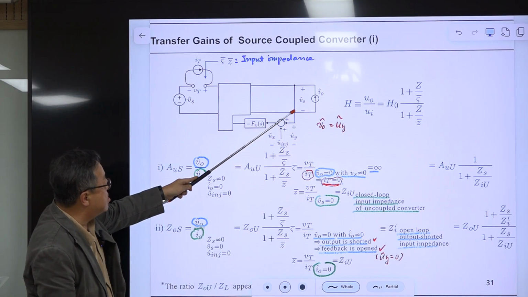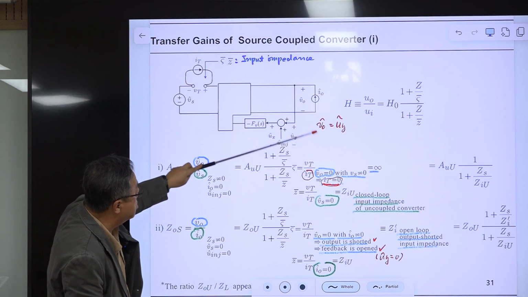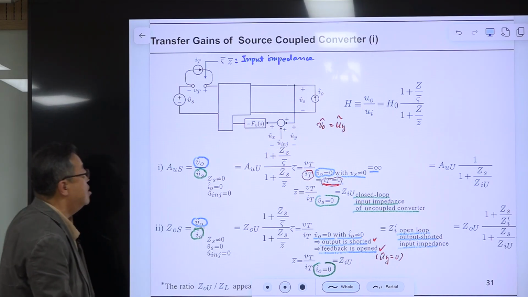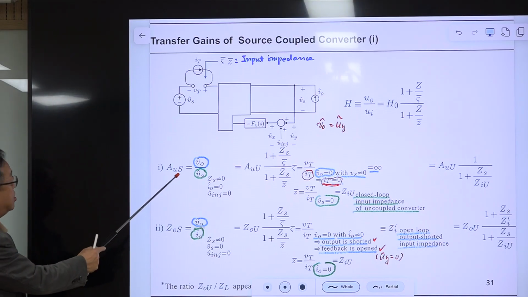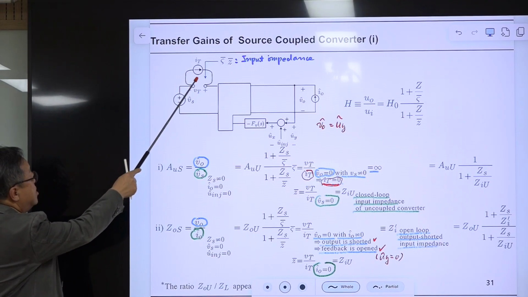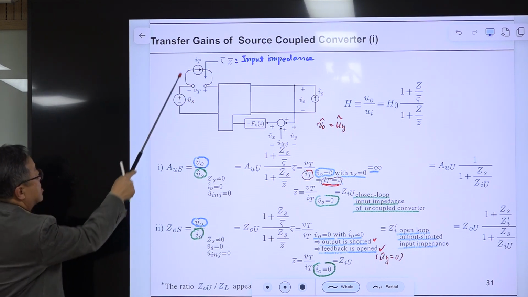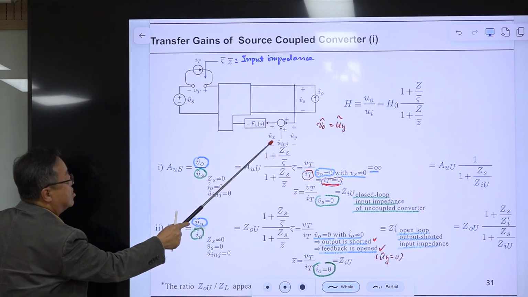From this structure, this Uy and Vo are the same voltage. If one is 0, the other one is 0. For audio susceptibility, GS is not 0, but IO is 0, and this one is 0.